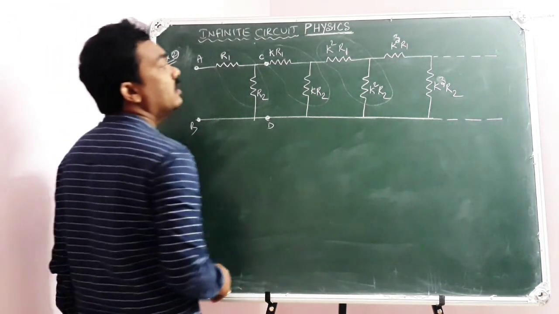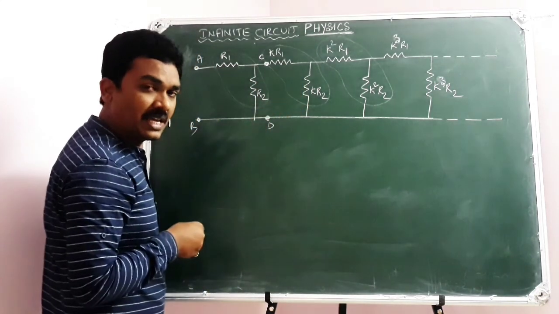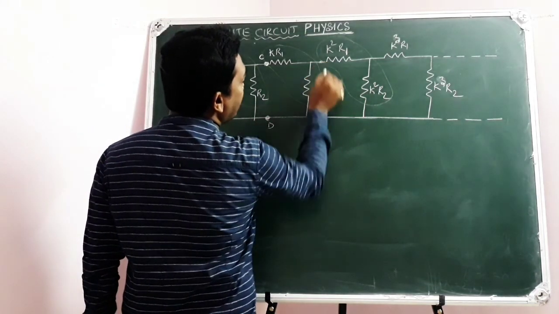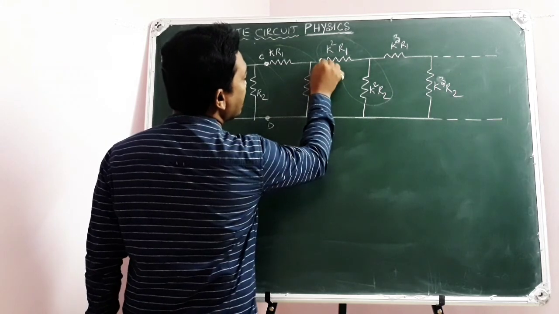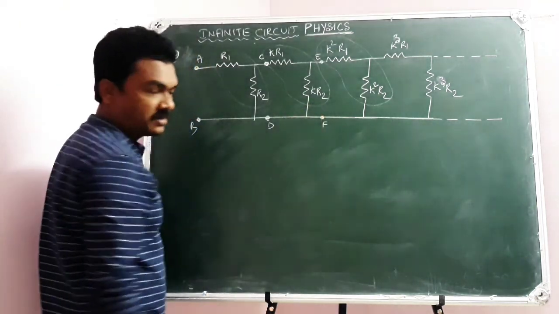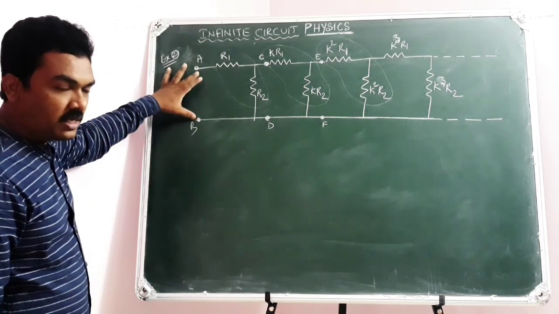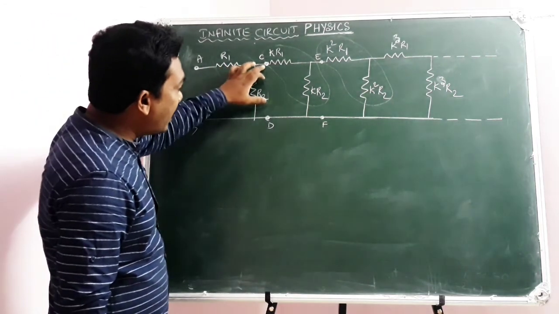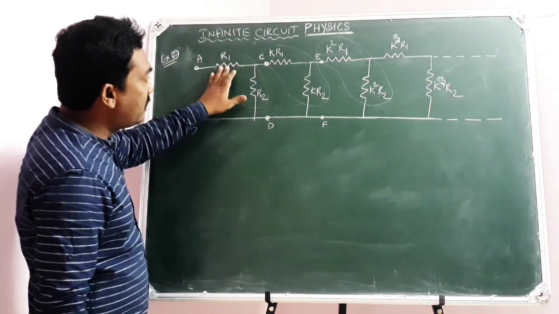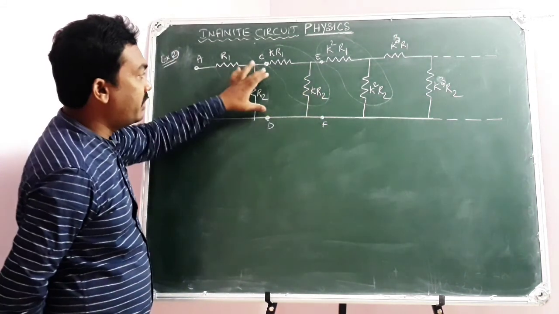Here, if equivalent resistance across CD is Kx, for example, then equivalent resistance across EF will be K square X. Hope you got clarity. If equivalent resistance across AB is X, then here equivalent resistance across CD will be K times of X, because in this element R1, R2, in the next element there are KR1 and KR2, so this will be Kx here.